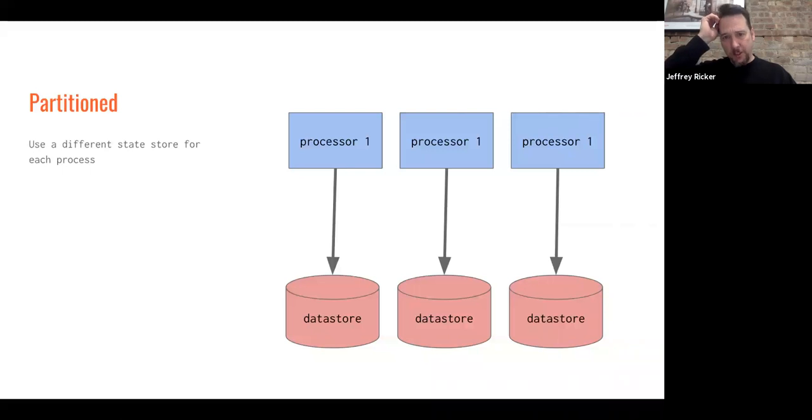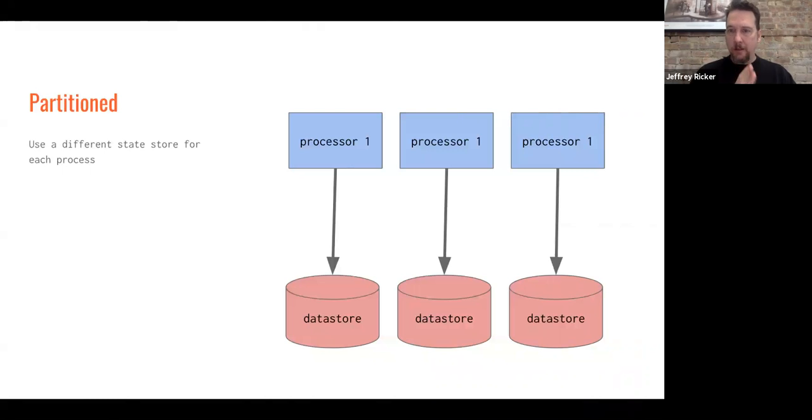So partition is very straightforward. Each processor is dealing with its own subset of the data store. And you make sure that if it's partitioned properly, if it's partitioned by key, a particular value, the key will always go to the same partition.